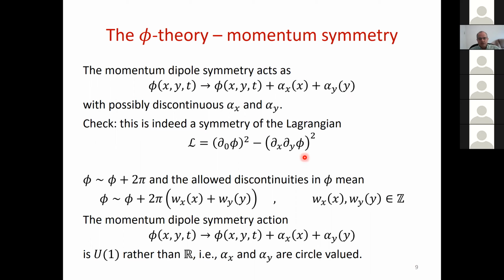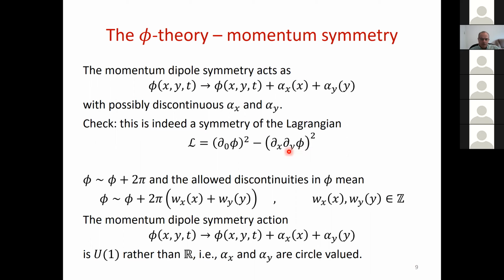And the reason it is harmless to have these discontinuous functions here is that the Lagrangian doesn't change. So if we shift phi by a discontinuous function of x, this thing is still finite. In fact, it's still zero, it doesn't shift, because d by dx might be infinite, but the d by dy kills it.